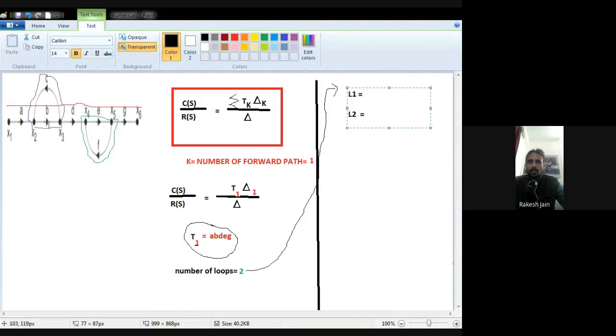L1. So what is L1? The blue color loop, I write down with the same color so you will not be confused.